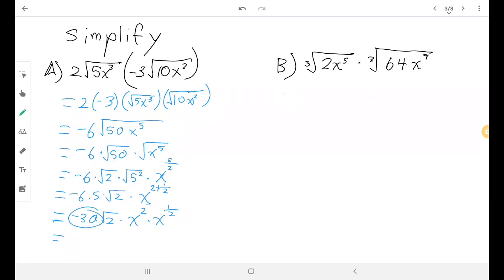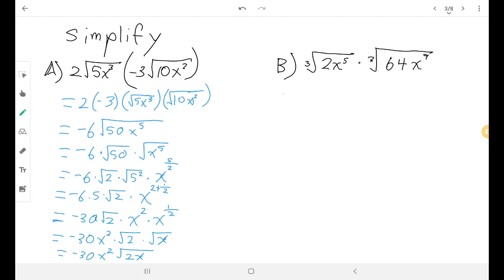So I can put this -30 with the x squared. So -30 x squared times the square root of 2 times, and I can turn x to the 1/2 back into the square root of x, and then I can put these two square roots back together. A clever little trick there. So -30 times x to the second times the square root of 2x.